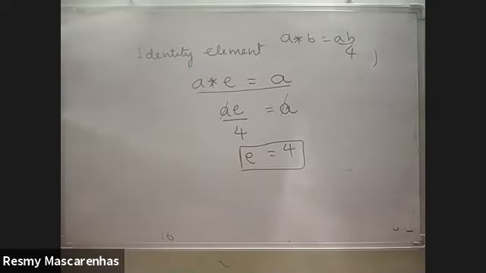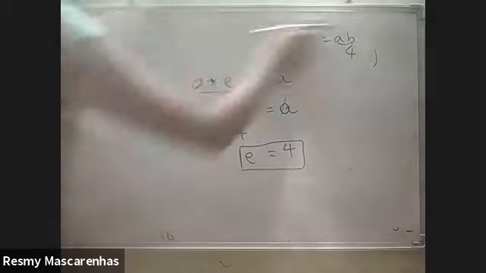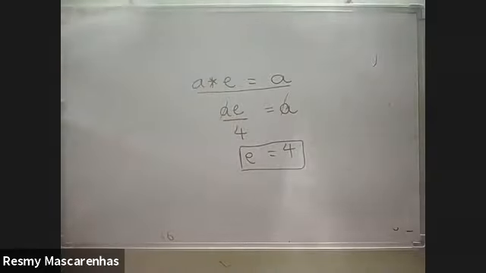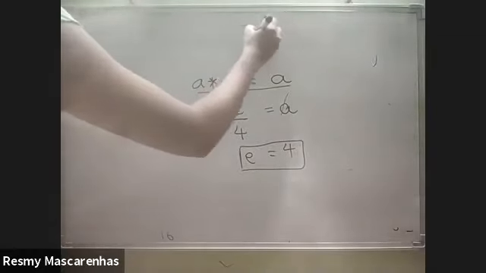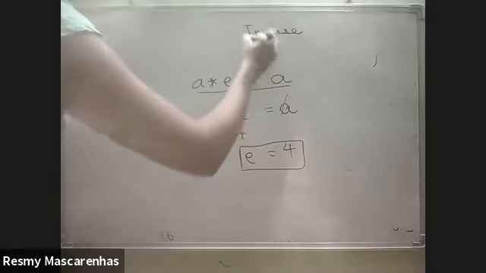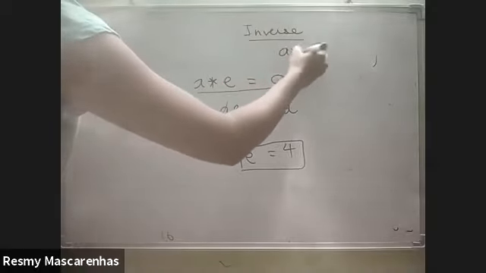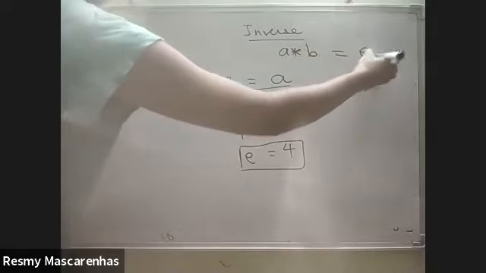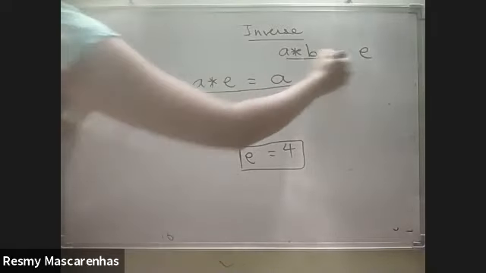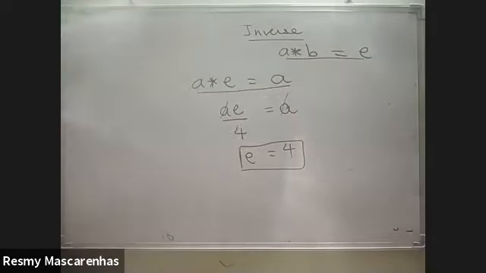The last part is to find the inverse. So for inverse, what is the condition? A star B should be equal to E. So this is the formula for finding inverse.